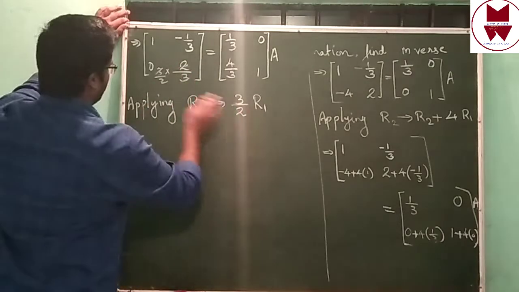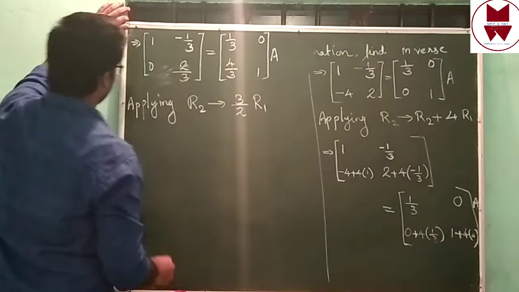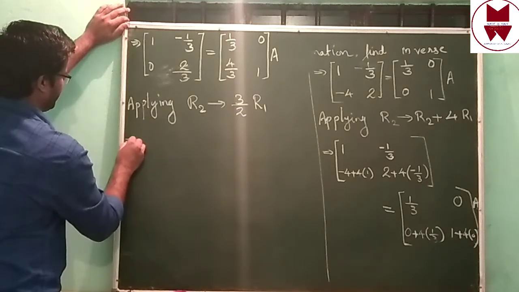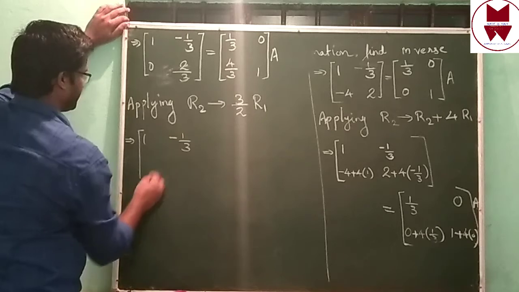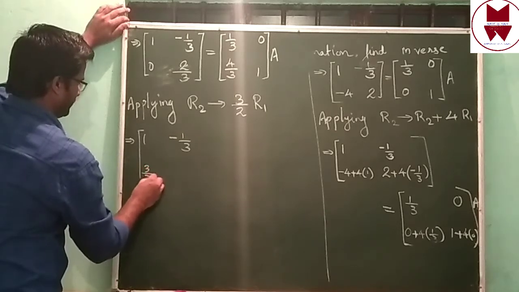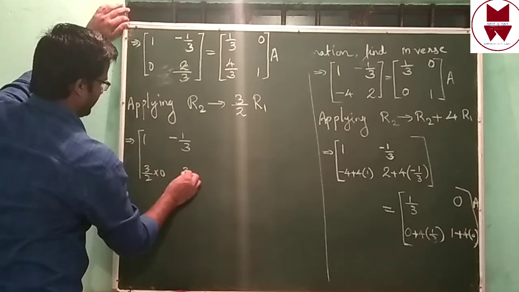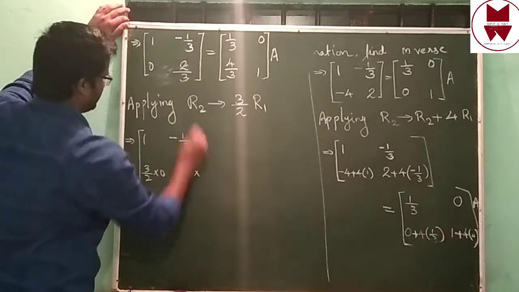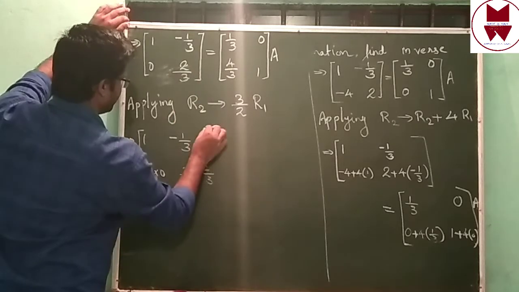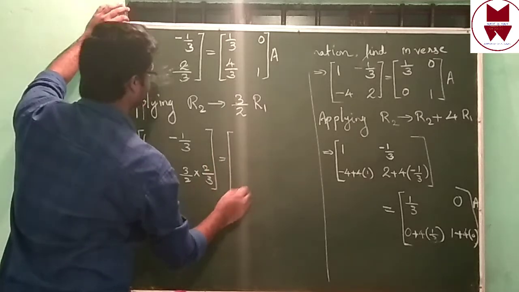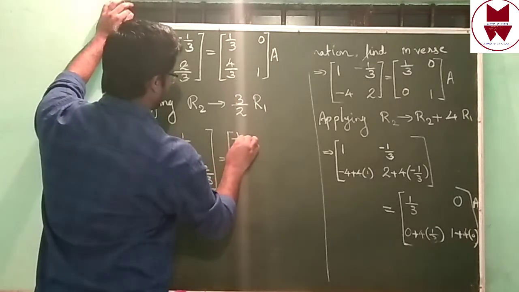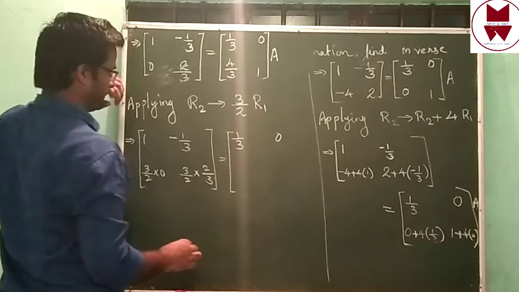That's why multiply by 3 by 2. First row no need to change: 1, minus 1 by 3, and 1 by 3, 0.